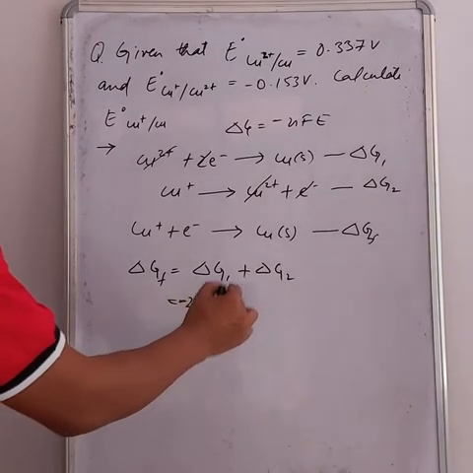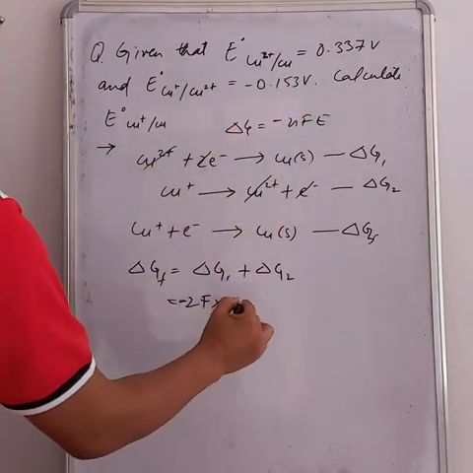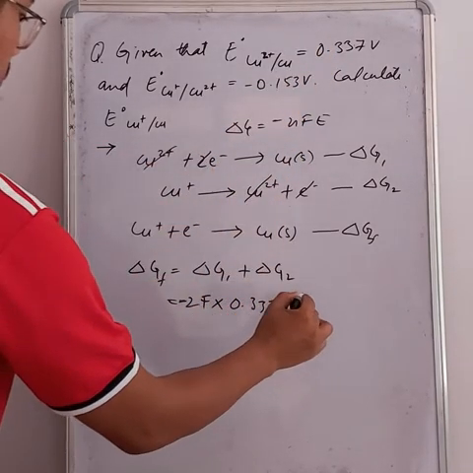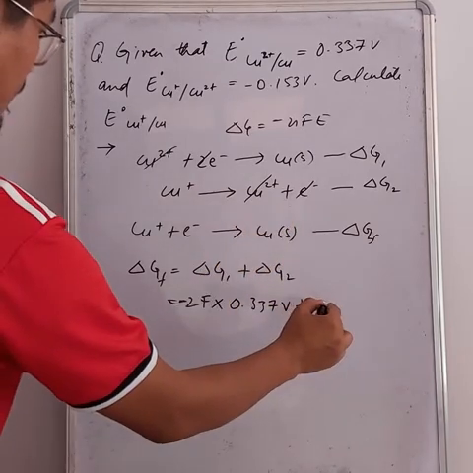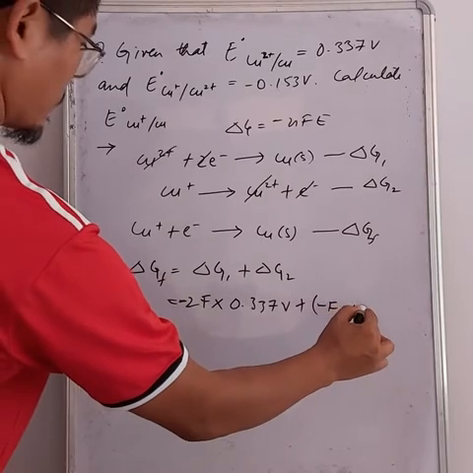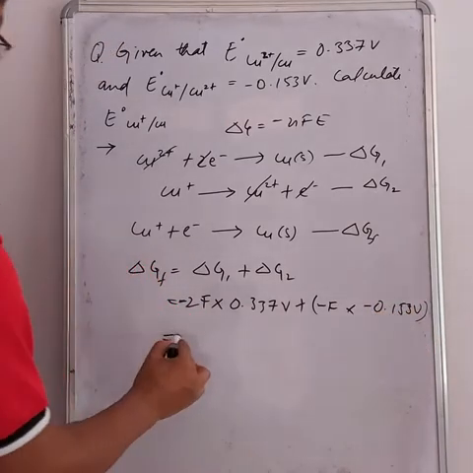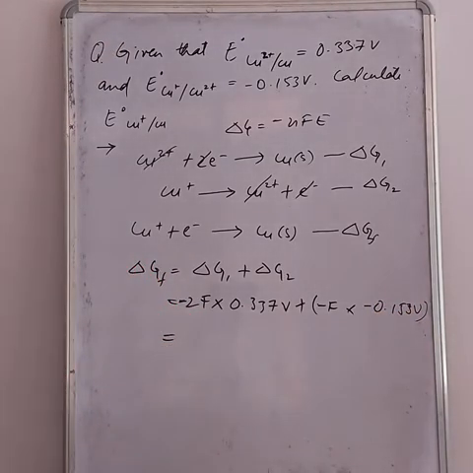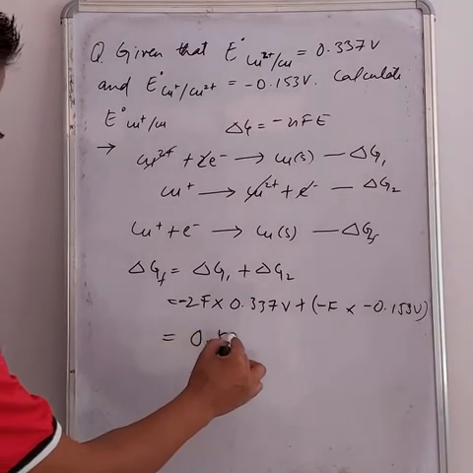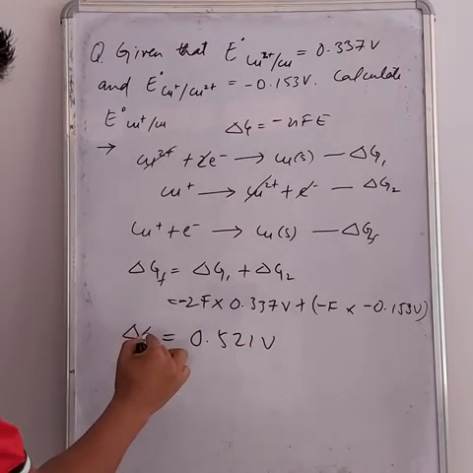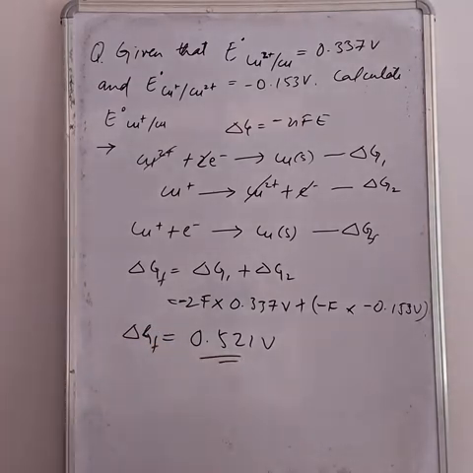Twice F into 0.337 volts plus here only one electron, so negative F into negative 0.153 volts. So if you solve it, then you'll get around 0.521 volts. So this corresponds to our reduction potential.